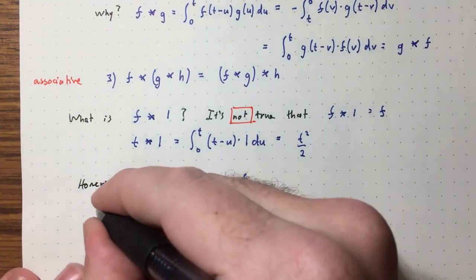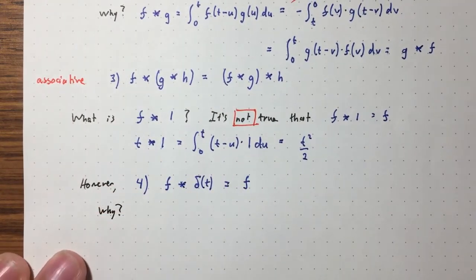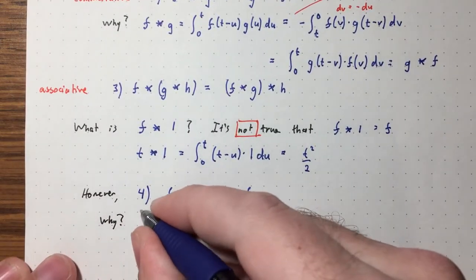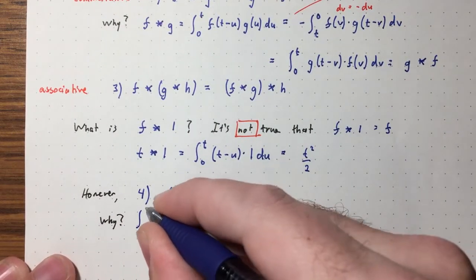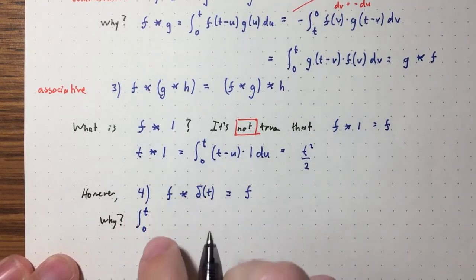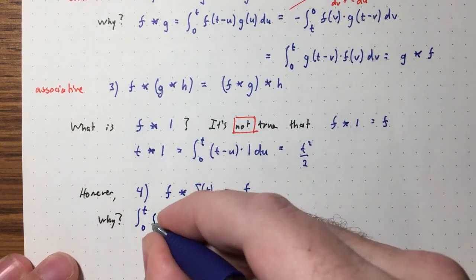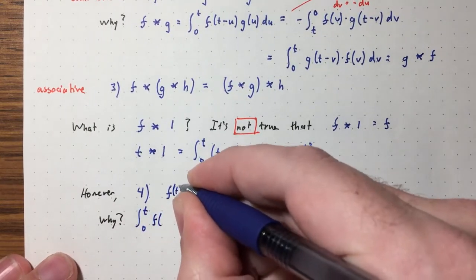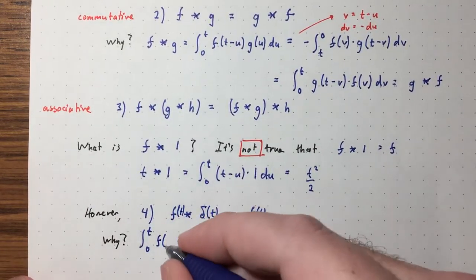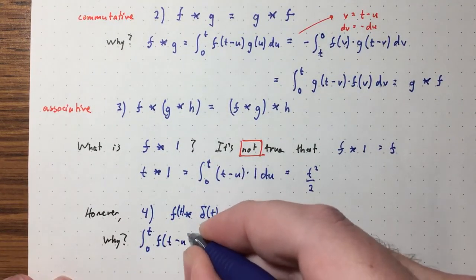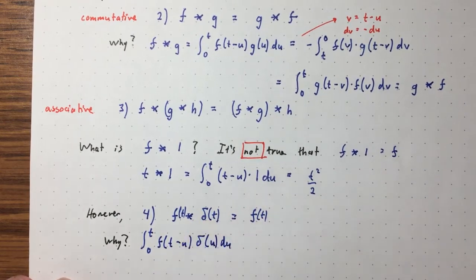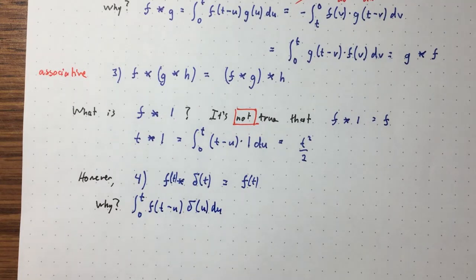And why is this true? Again, I'm just showing why these are true to get some practice working with this definition. I think it's useful. So let's just write this down. It's f of, well, f is a function of t, right? These are always functions of t. So it's f of t minus u times delta of u du, where this delta is the Dirac delta function that we introduced in the previous lecture.